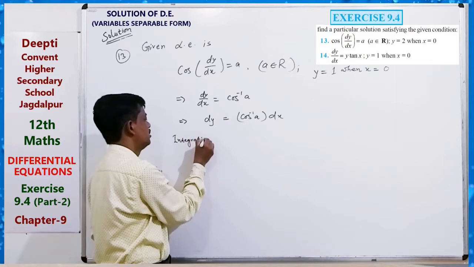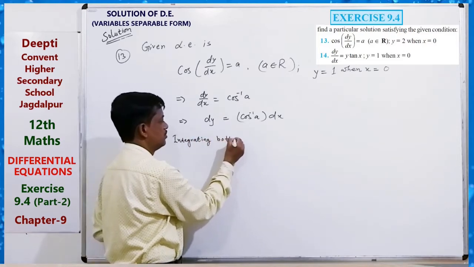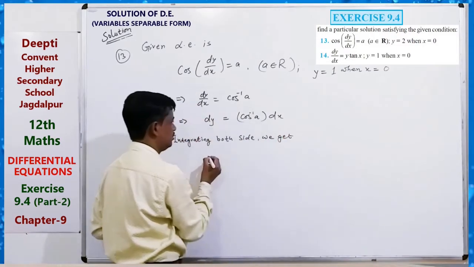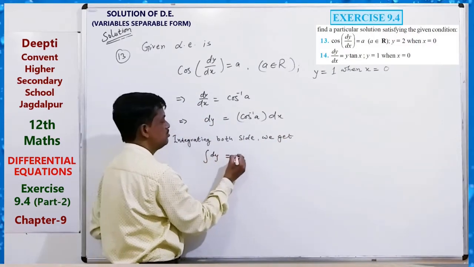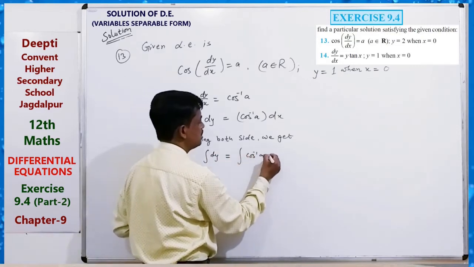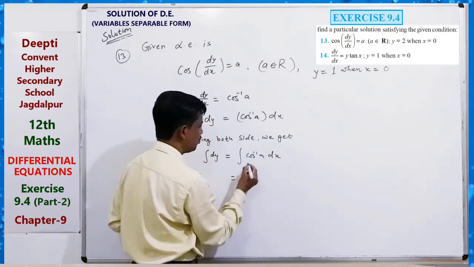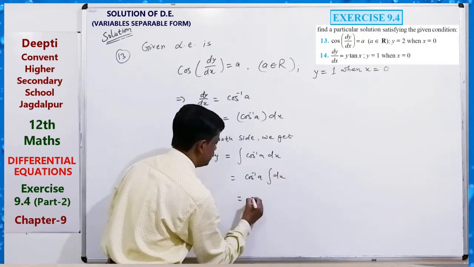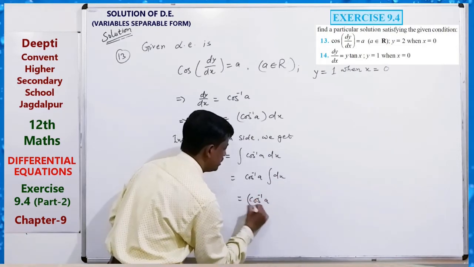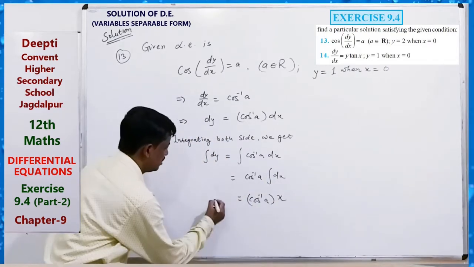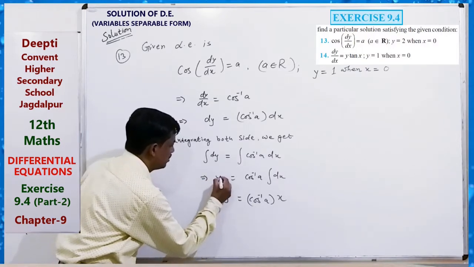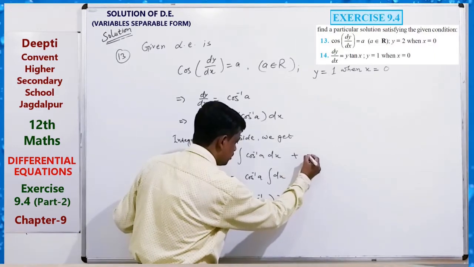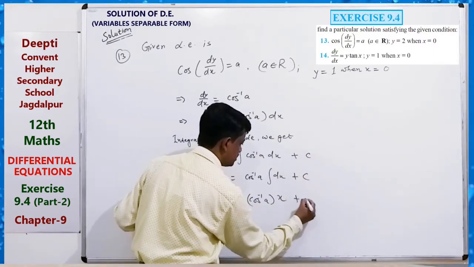Integrating both sides, we get the integration of dy equals the integration of cos inverse a dx. Here cos inverse a means a constant value, so cos inverse a times the integration of dx, that is cos inverse a times x. So y equals cos inverse a times x plus some constant c.